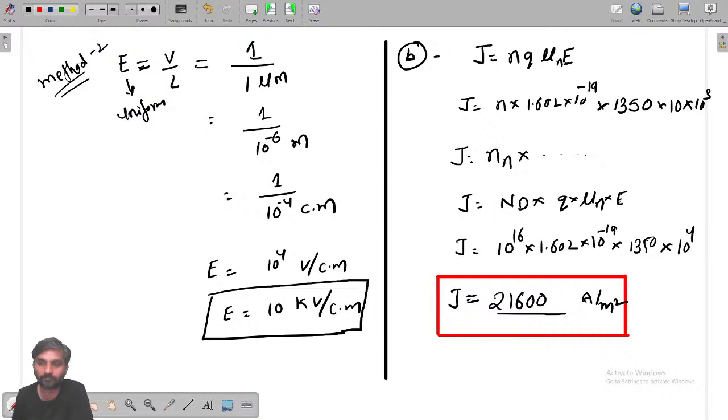Amperes per meter square. Or J is equal to 2.16 kilo amperes per meter square.